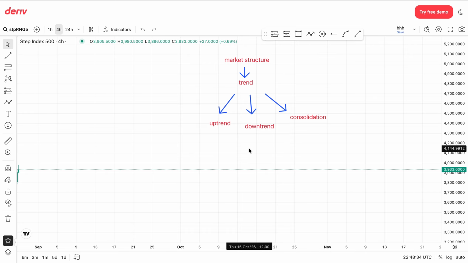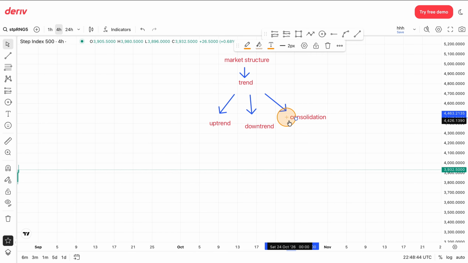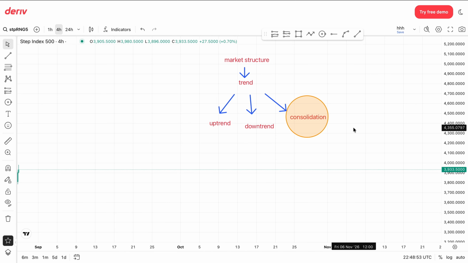So this is what market structure is, and for this video, let's do away with this one, because I don't trade consolidation markets.